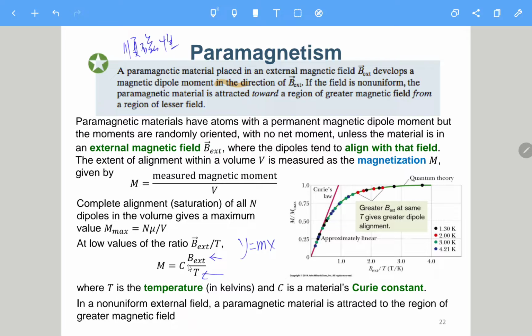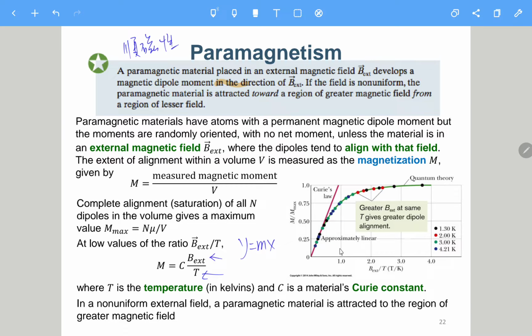If we try to increase the B external, then the magnetization should increase to infinity. But actually, from the measurement result, we don't really get this straight line.